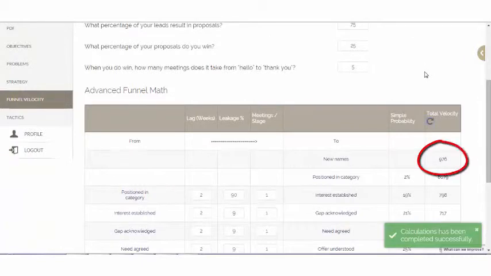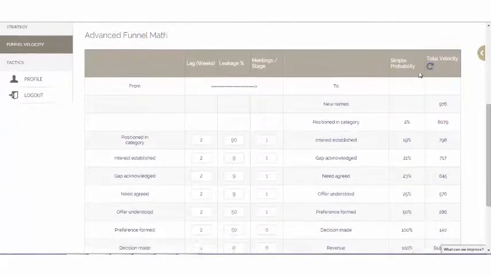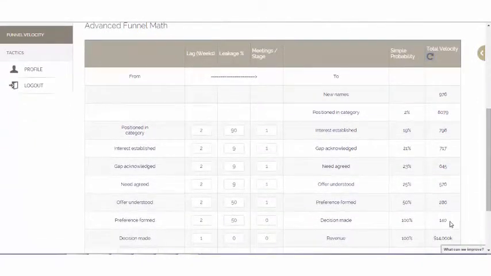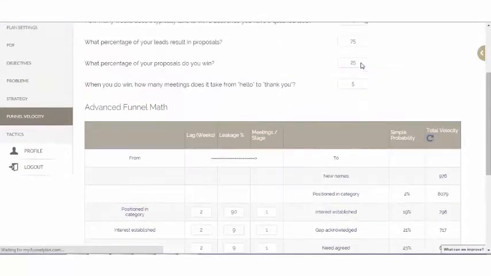So we need 976 names to achieve 140 decisions to make our $14 million worth of revenue over 3 years. At the offer stage, we made the offer 576 times to get our 140 sales. So I'm going to reverse those calculations, and you'll see that the new names doesn't change much, but the offer changes remarkably. So just remember 576 and 976, coincidentally very similar numbers.